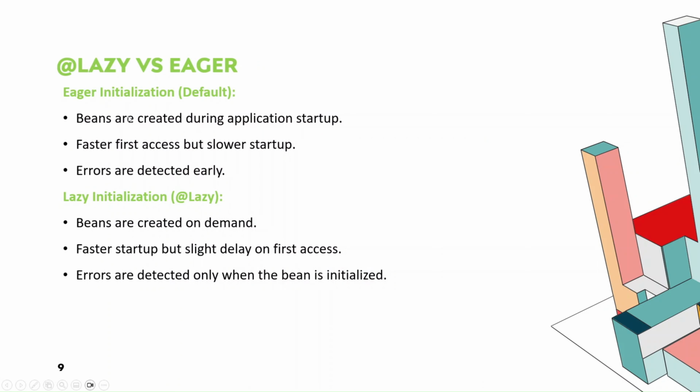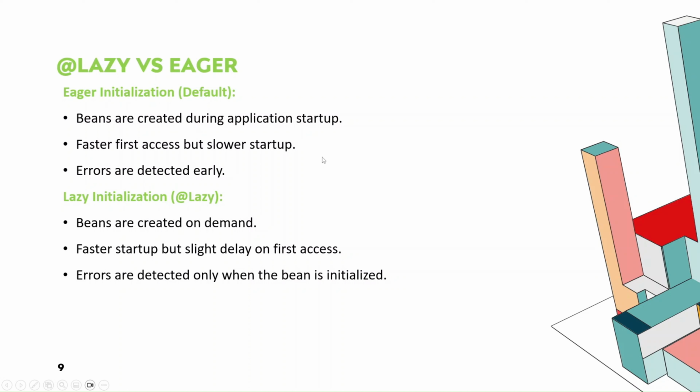Two things actually. In Spring Boot we read about eager initialization, which is the default. If you don't put @Lazy, it's eager instantiation, meaning beans are created during the startup of the application. Fast access but slower startup.